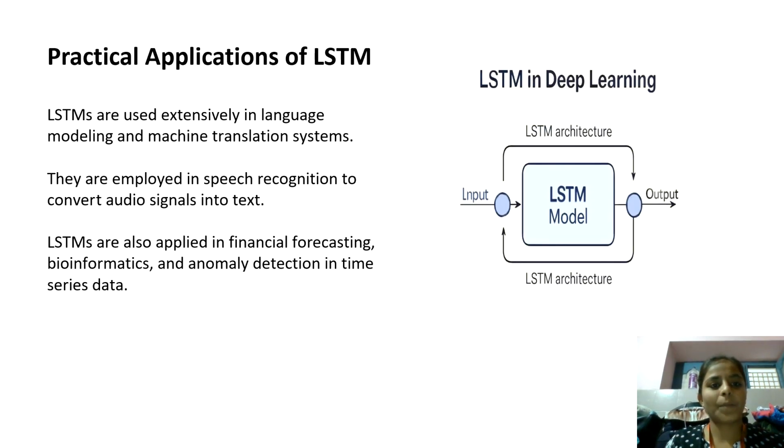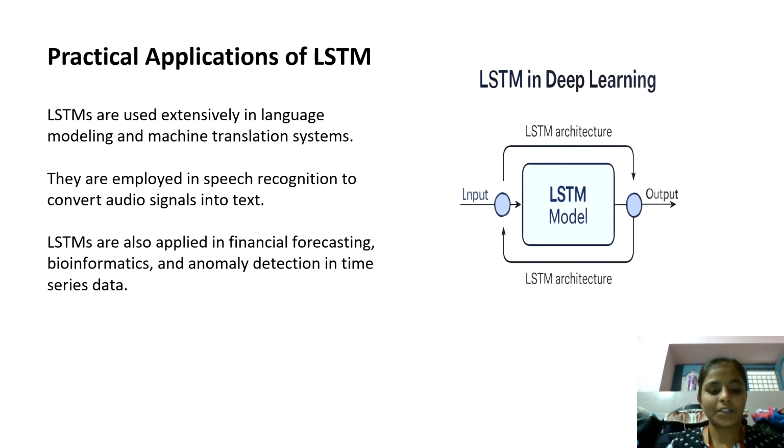Next, coming to the practical applications of LSTM. LSTMs are widely used in language modeling and machine translation, and also in speech recognition, where they can help process audio signals and convert them into text.